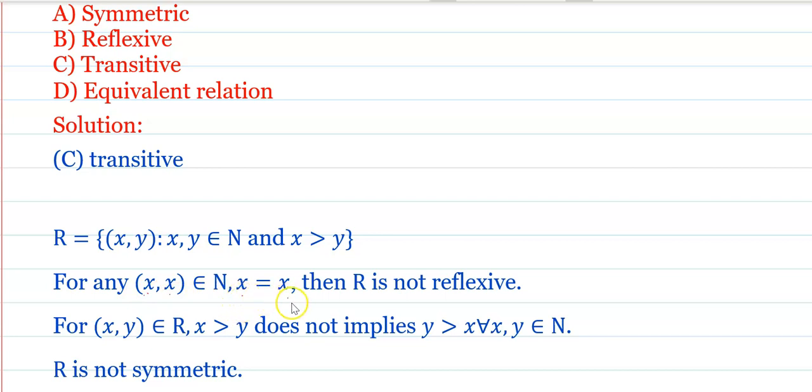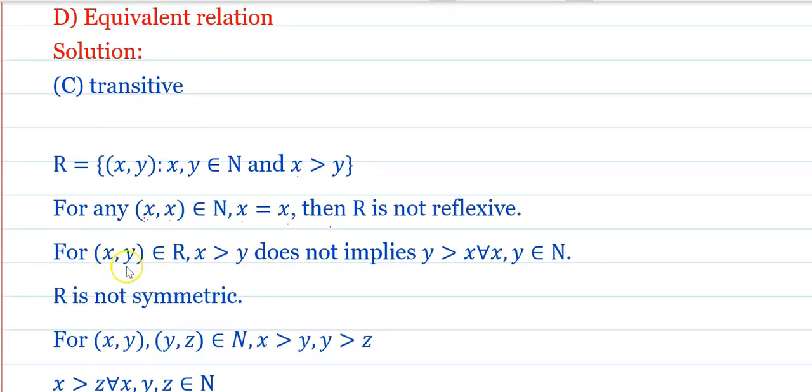Then x is equals to x, then R is not reflexive. If we consider this relation, the first element will be 1 and the second one is greater than 1. Is it possible? It is not. Therefore, it is not reflexive. For xy belongs to the set of real numbers, it implies that x is greater than y.